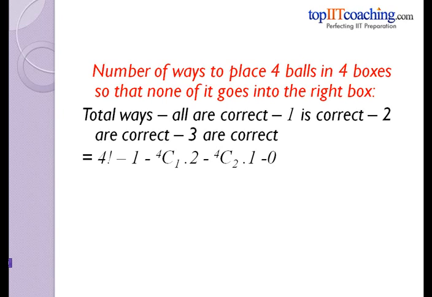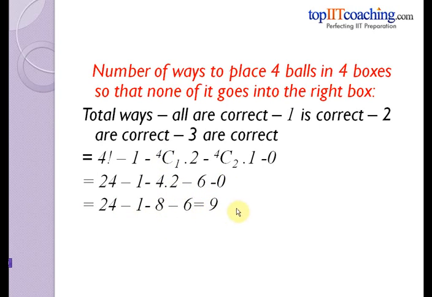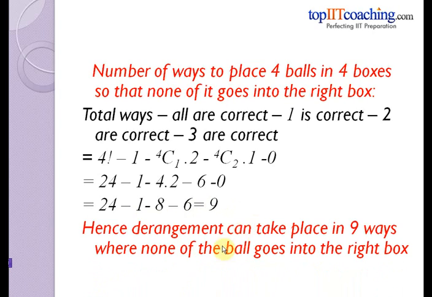Multiplied by 1 because now we have to arrange 2 balls in 2 boxes so that none of them goes into the right place, and that could be done in only one way, which we have seen before. So minus 0 because 3 are correct, and this case is similar to when all are correct. So it becomes equal to 24 minus 1 minus 4 into 2 minus 6 minus 0, and that is equal to 9. Thus what we see is the derangements can take place in 9 ways where none of the balls goes into the right box.